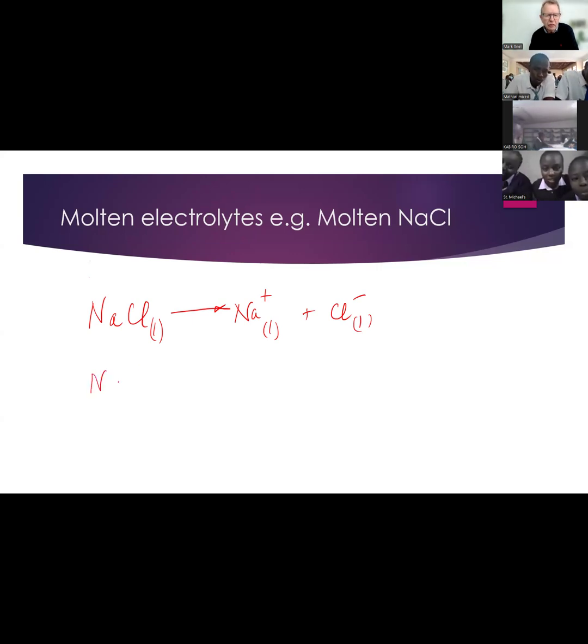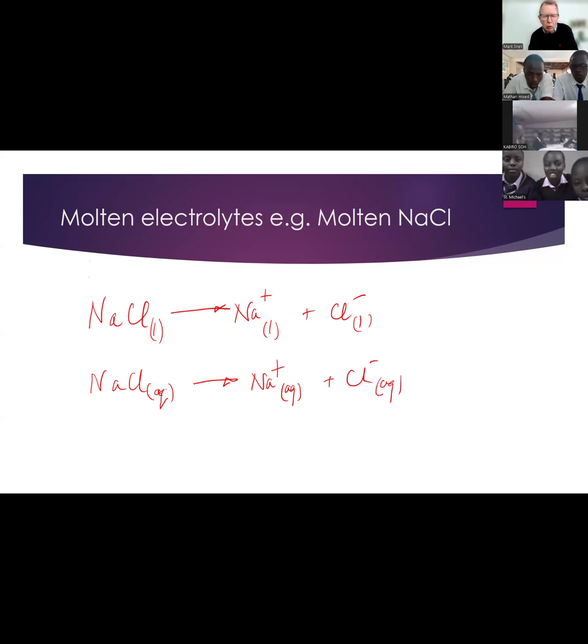If I have sodium chloride and it is AQ, it also forms Na+ and Cl- ions. But there is also in this the possibility of it producing H+ (aq) and OH- (aq) from the water.